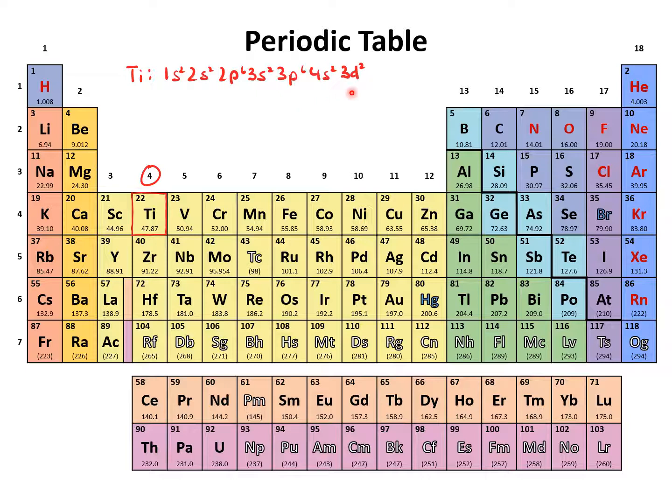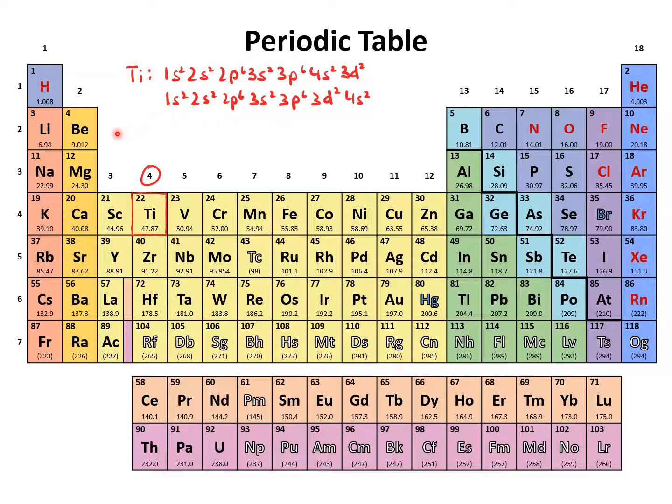However, at this point we should recognize that the 4s orbital is actually higher in energy than the 3d orbitals, and so we can rearrange this as 1s2, 2s2, 2p6, 3s2, 3p6, 3d2, 4s2. Again, as I said previously, the 4s orbitals are higher in energy than the 3d orbitals.